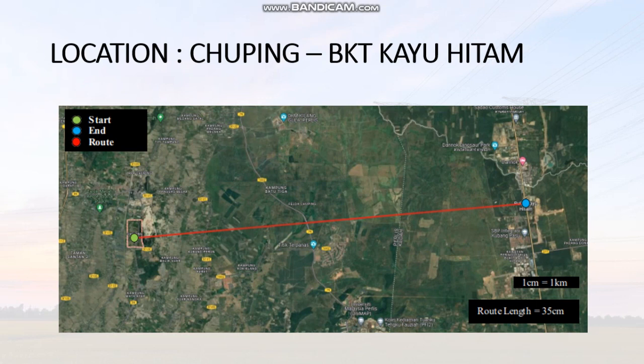The project description is the construction and installation of high voltage power lines used to transmit electrical energy over long distances, which is part of a transmission line project.